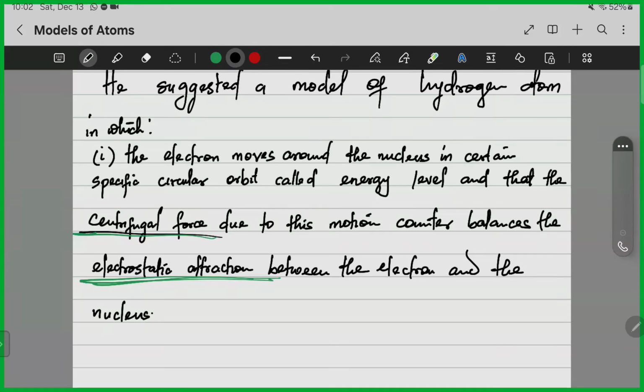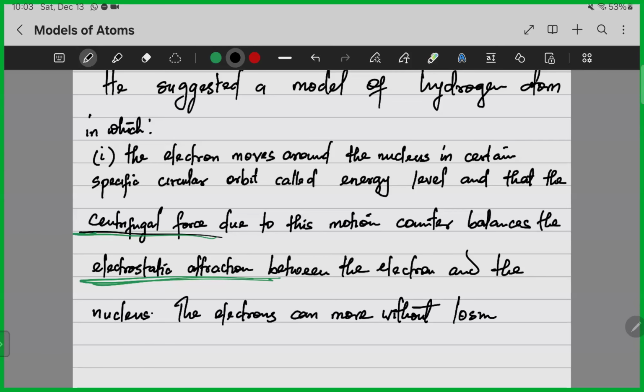And that point is saying that the electrons can move without losing or radiating energy in such orbits.